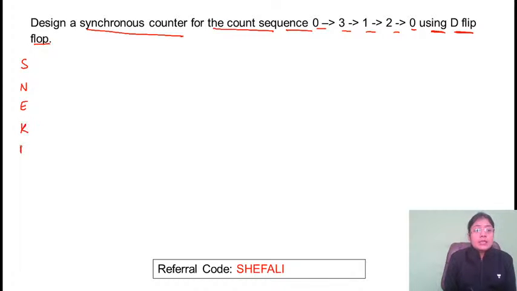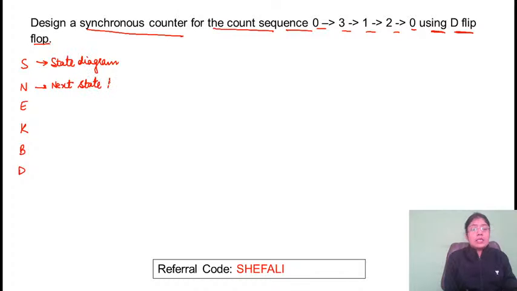We have to follow basically 6 steps. First of all, we have to construct the state diagram. Then we have to construct the next state table. We have to use the excitation table of the required flip-flop.